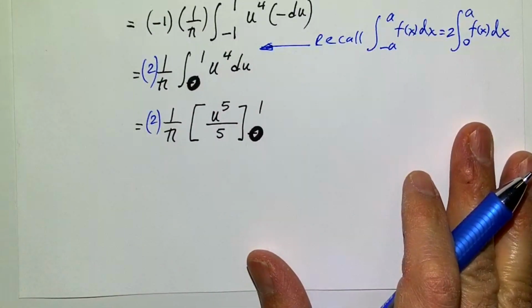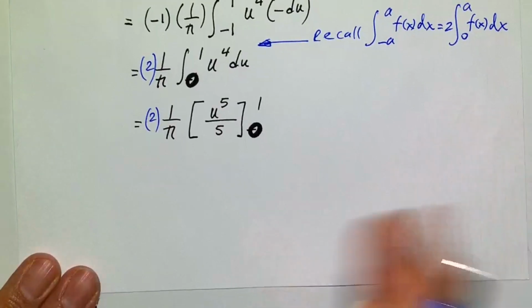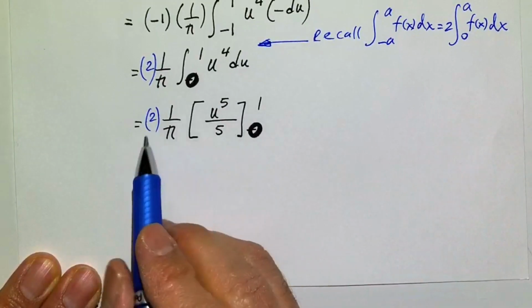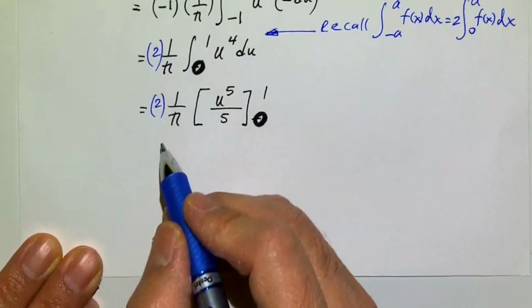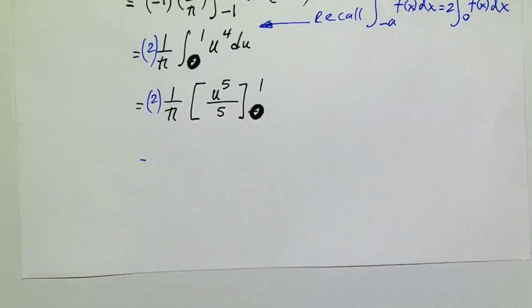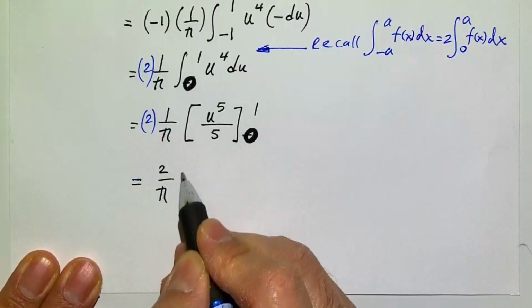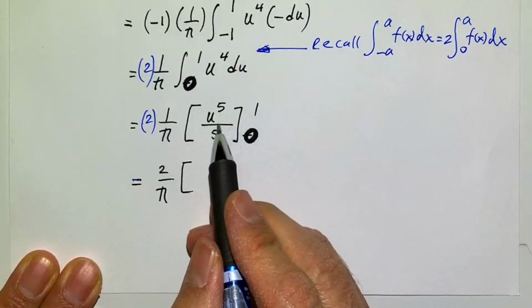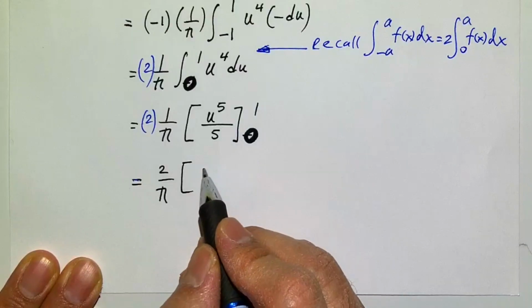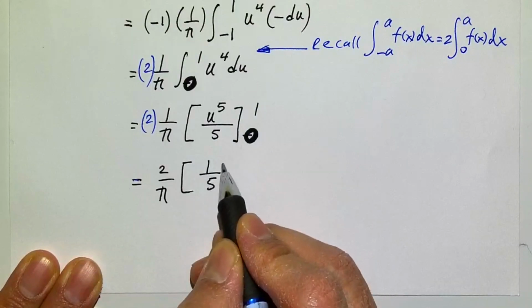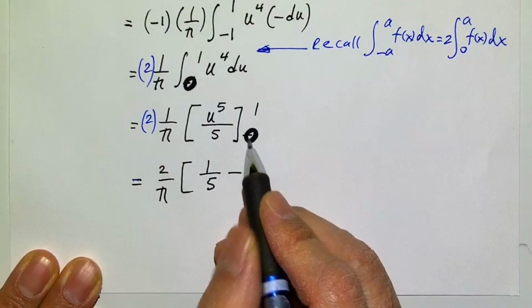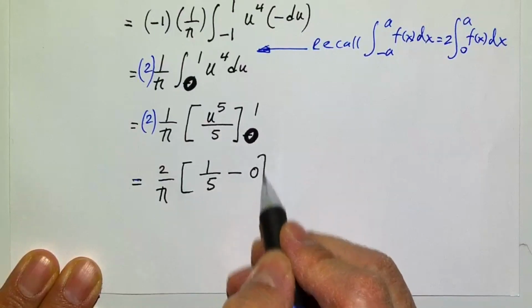Great. So what are we going to get? We're going to get 2 over pi, and then 1 to the 5th power over 5 is just 1 over 5. And then minus 0, that would be 0.